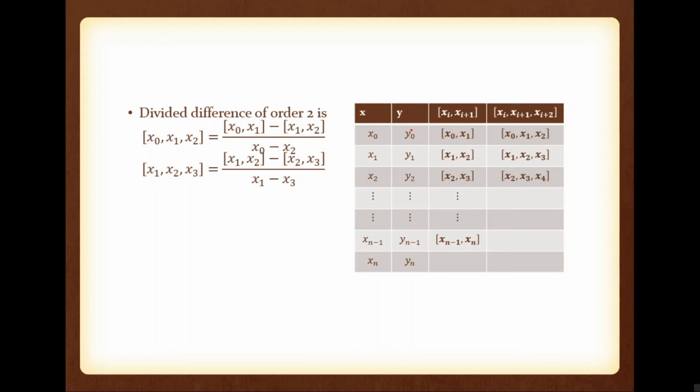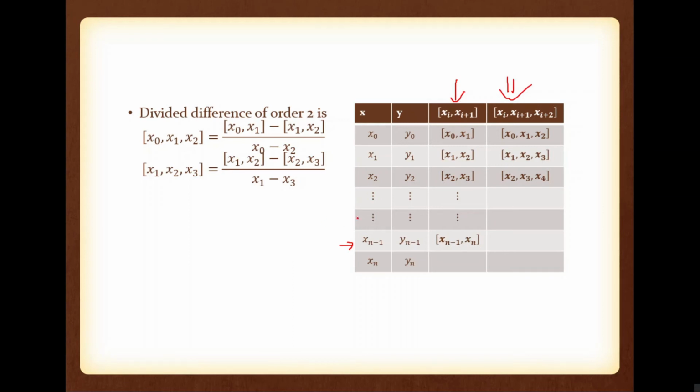So y is also from y0 to yn because these are the given data. Now, if you are finding the first order divided difference, you can find from x0 up to xn minus 1. So what about second order divided difference?